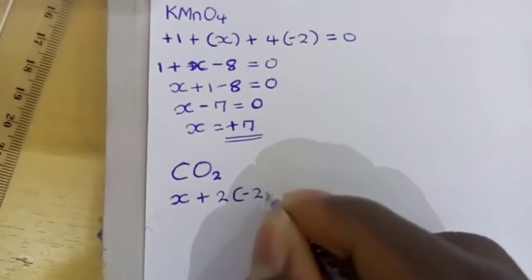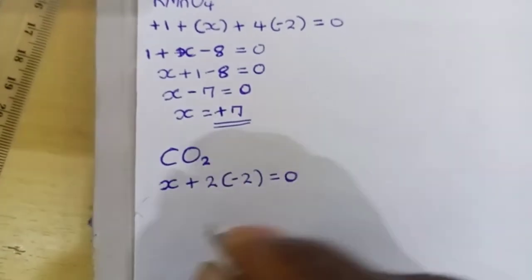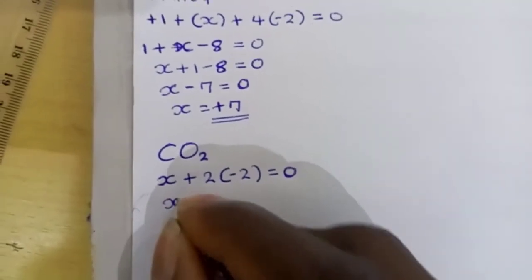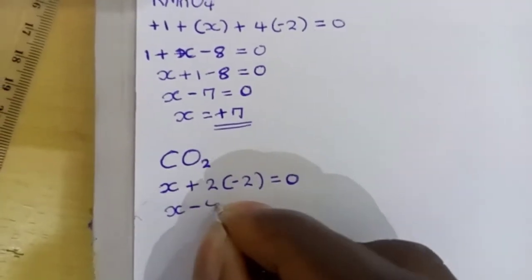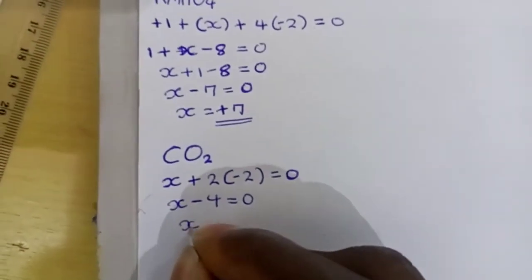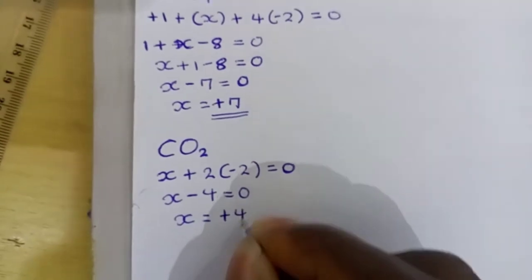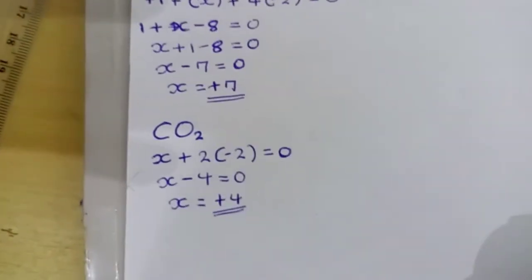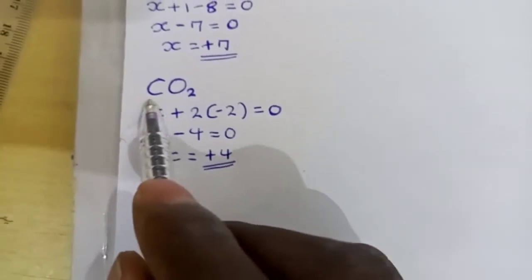This is a neutral compound, we equate it to 0. So X, 2 times -2 will give us -4 equal to 0. So X equal to +4. So the oxidation number of carbon in this compound is +4.